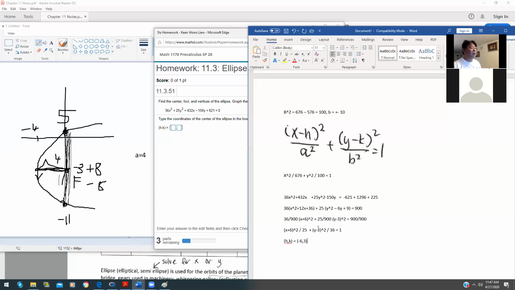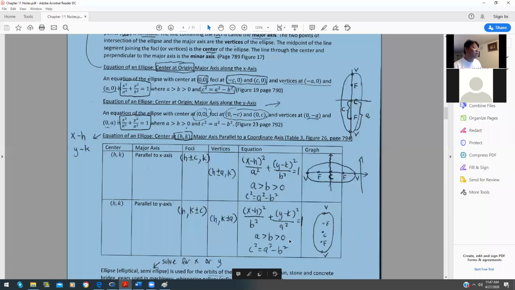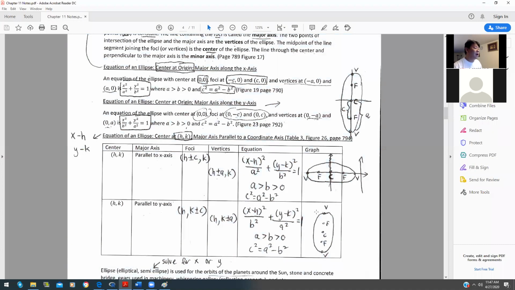By the way, this is an ellipse. So what kind of ellipse do we have here? Which is larger, 25 or 36? We find that 36 is bigger, so it's on the y-axis. When your ellipse is on the y-axis, it will be parallel to the y-axis. Your graph will look something like this.